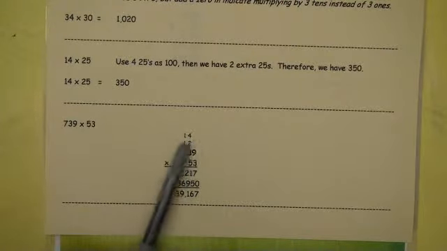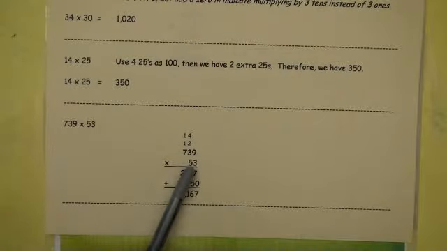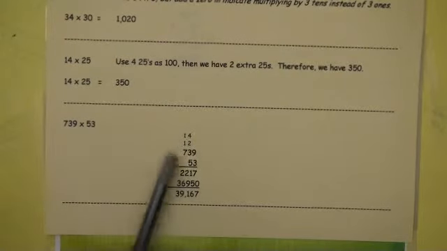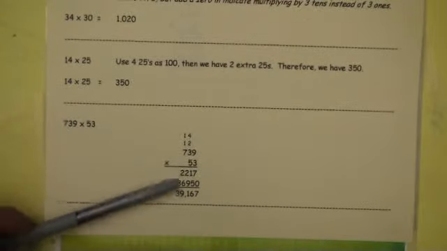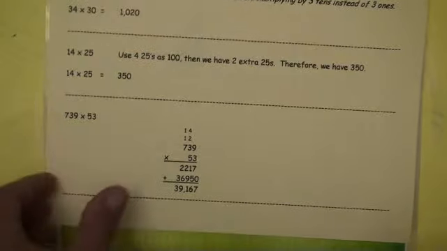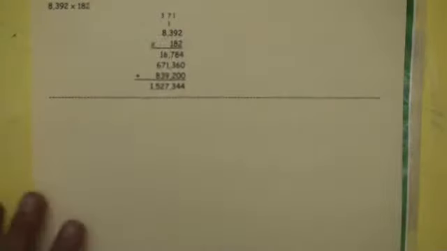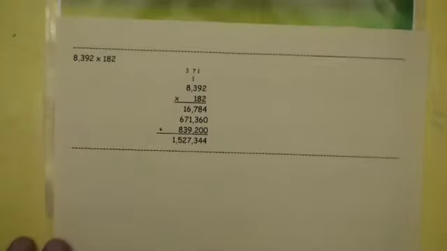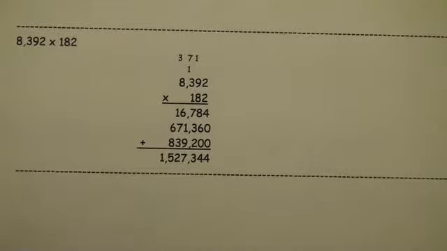So I'm not even going to use this 1 and 2 anymore. 5 times 3 is 15, plus the 4, 19, carry the 1. 5 times 7 is 35, plus the 1, 36. Bam. You go ahead and add these together. Of course, you get 39,167.